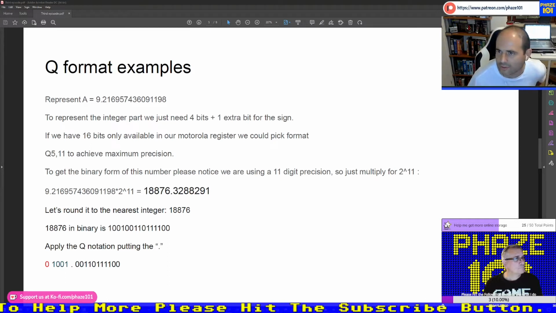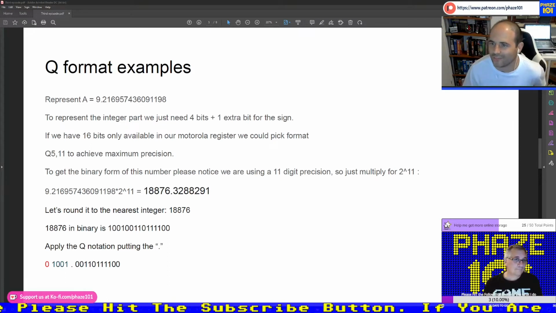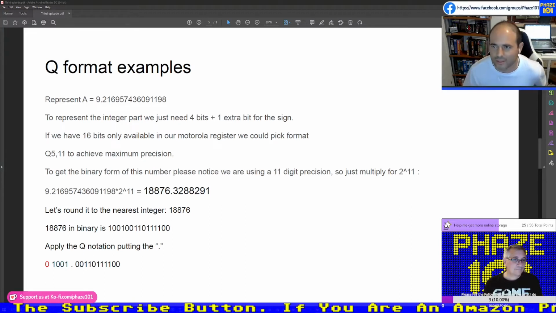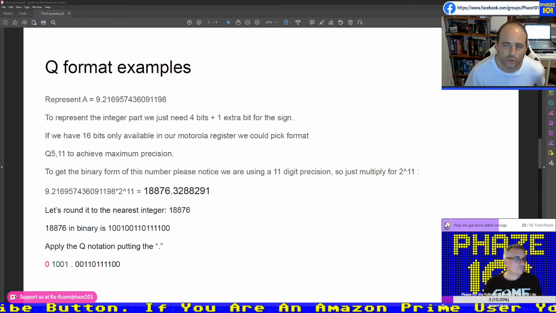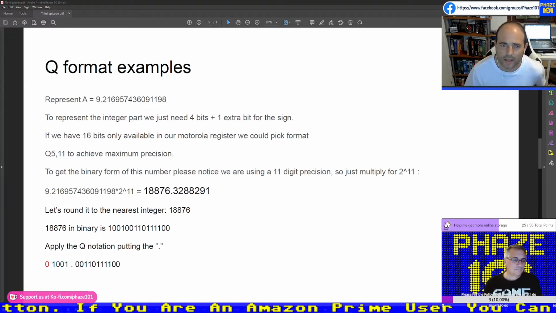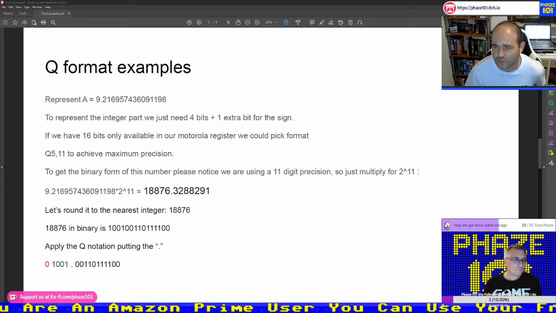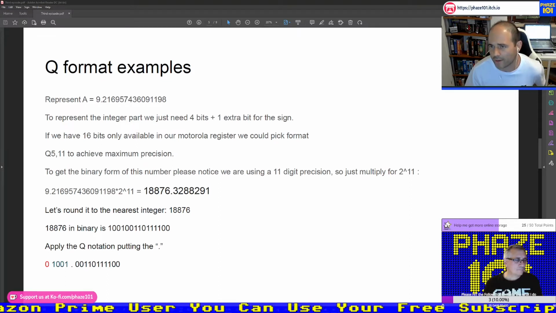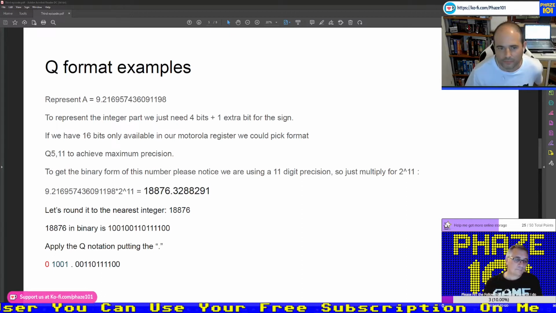I think that is quite easy. I don't know if I explained it properly, but it's very straightforward. You just take the number you want to represent, you multiply by 2 elevated to the decimal digits, in this case 11, and you do the conversion in binary. Very easy.